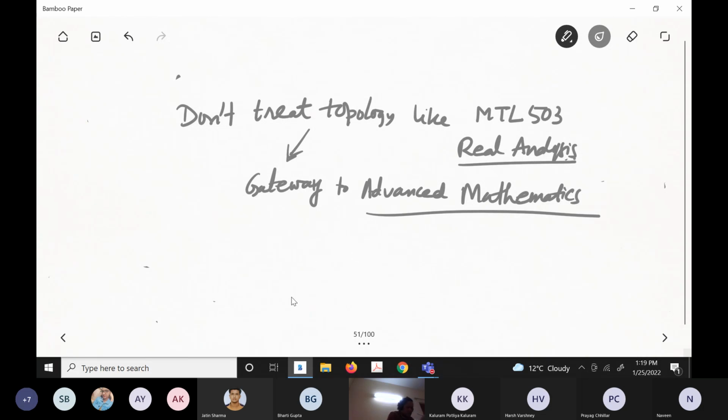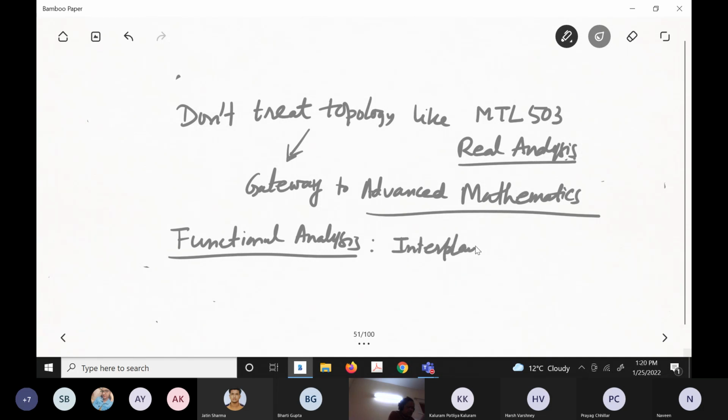Usually students have a problem with functional analysis. In functional analysis, we have the interplay of three subjects: topology, real analysis, and linear algebra.